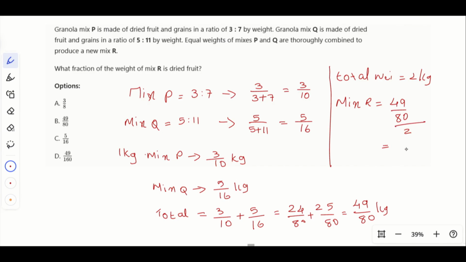This will give you 49 by 160, which is option D. I hope it is clear for you. See you in the next video.